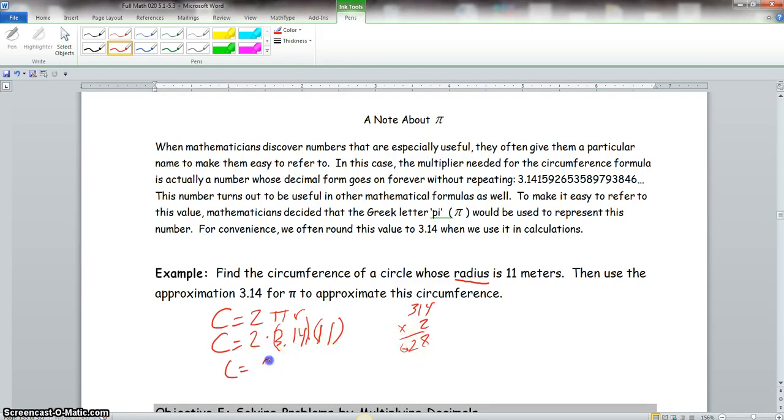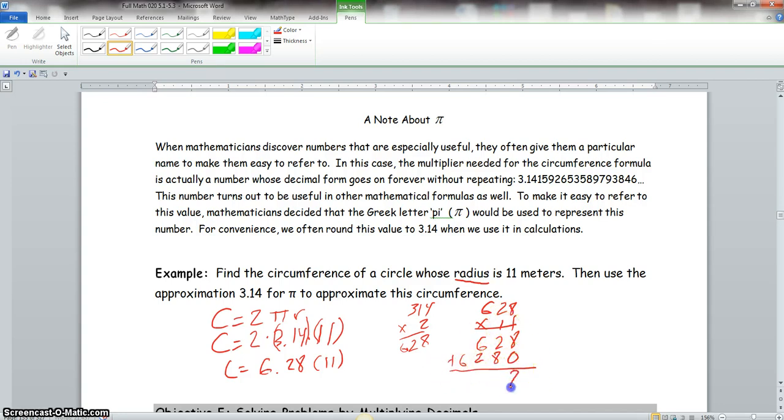So this will give us 6.28 times 11. Now we could go ahead and drop the decimal again. 628 times 11. 1 times 8 is 8, 1 times 2 is 2, and 1 times 6 is 6. We add our 0 here. 1 times 8 is 8, 1 times 2 is 2, and 1 times 6 is 6.